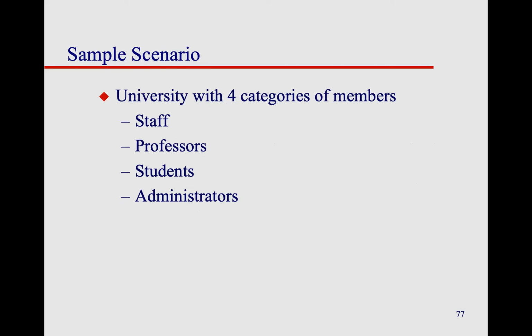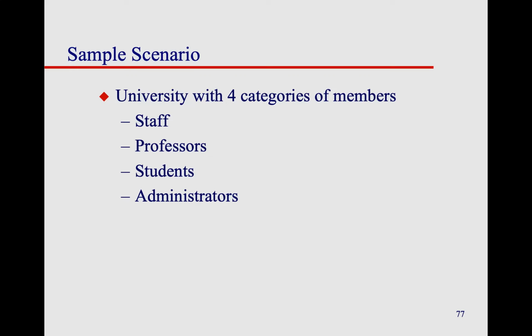And here's just a nice example. Suppose that I have a university. I have 4 relations called staff, professors, students, and administrators. So if I want to know all members of the university, I do a union of those 4 relations. If I want to know which professors are also administrators, I do an intersect, because sometimes professors are administrators.